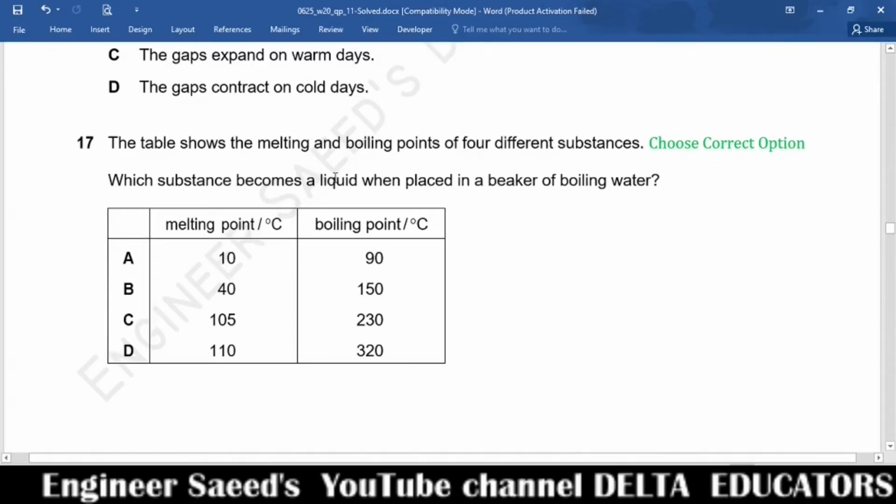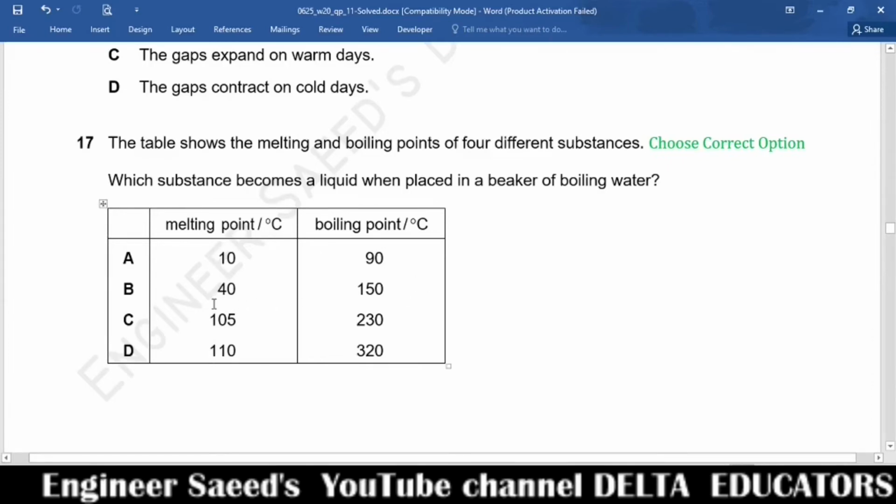And here it is given this substance is liquid at the boiling point of water. Means it is liquid at a temperature of 100 degrees centigrade. So the boiling point of this liquid should be more than 100 degrees centigrade and its melting point should be less than 100 degrees centigrade. Now we check the options.